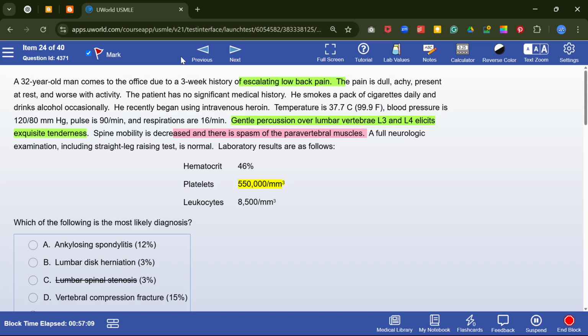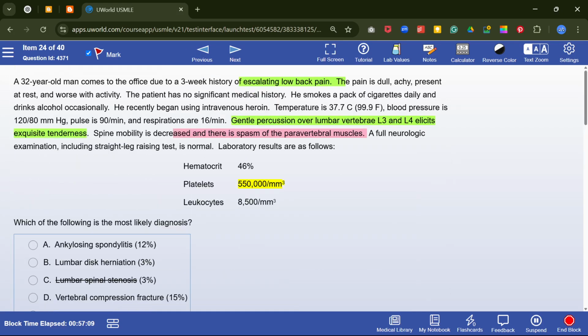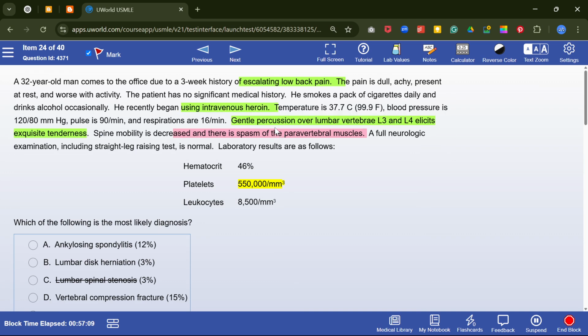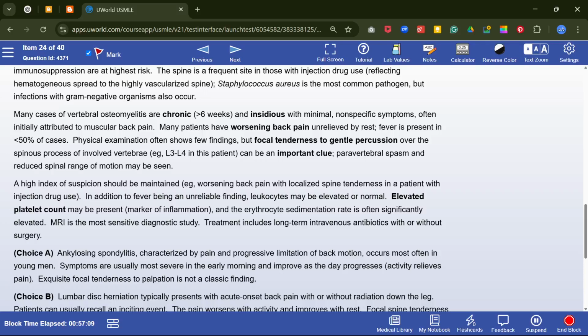Like 70, 80 years old men carry a heavy load or carry a box, then he starts pain. That kind of thing is the compression fracture, vertebral compression fracture. And there is a drug history like IV heroin. That's why it is osteomyelitis. I have seen the IV heroin, but I missed.